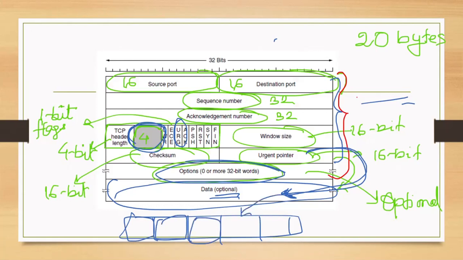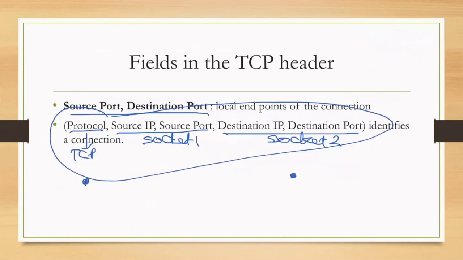There will be a pointer pointing to the beginning of the urgent data. So the receiver looks at this urgent flag, finds that it is set to 1, follows the urgent pointer, gets this data, and immediately reads it and processes it. So that is the use of the urgent pointer and the urgent flag.